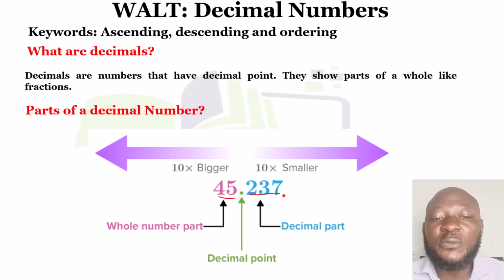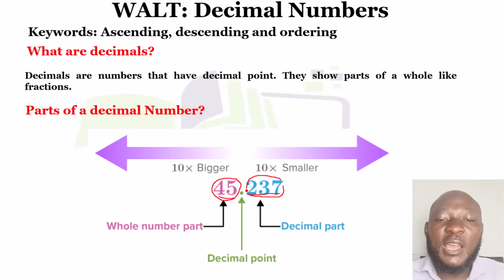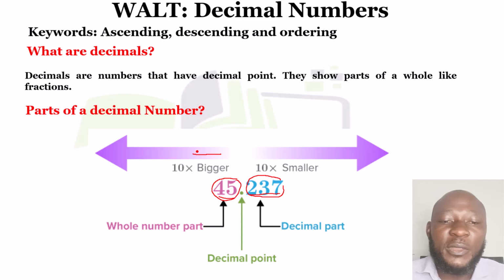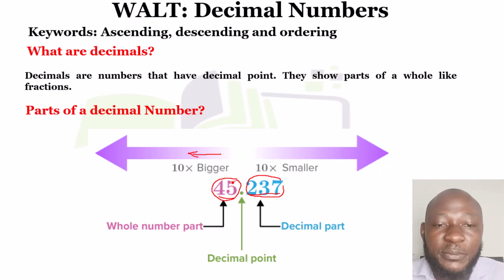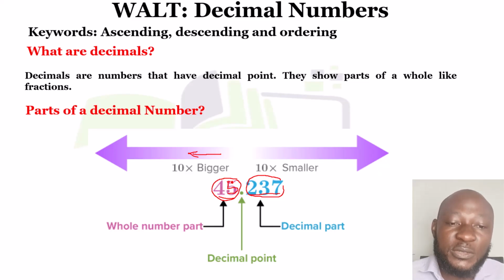So we call this 45 because it's a whole number, but these numbers are decimal numbers. Now take note of this. As you move from right to left this way, the number gets 10 times bigger. Now 5 here is the units place, while 4 here is the tens place. So this you can call 40, but this you can call just 5.